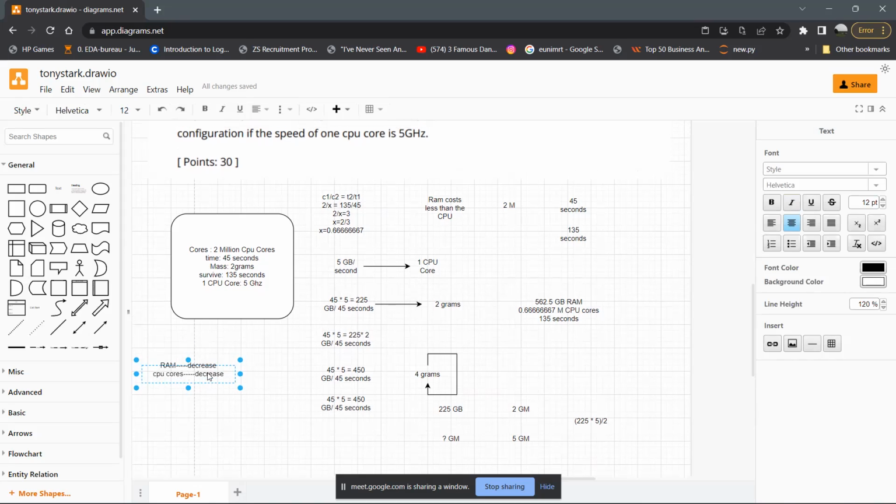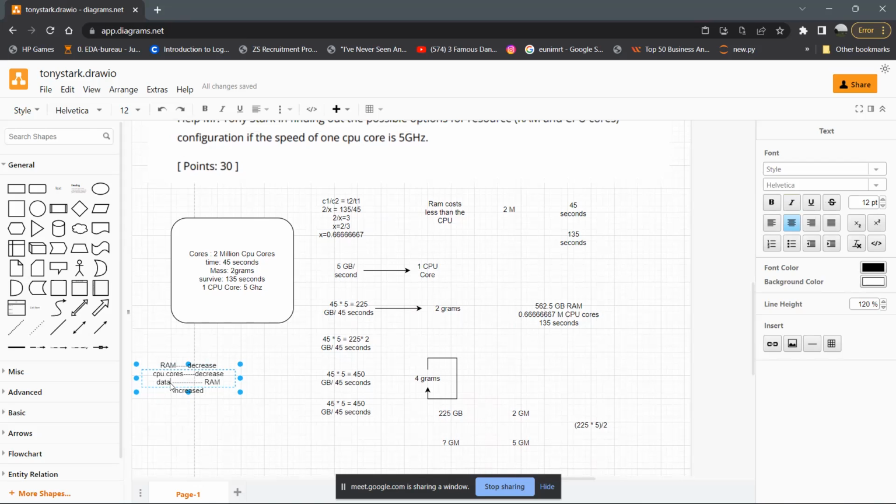But if the data is increasing, then you have to increase the RAM. So in this relation, RAM should be increased when data increases.